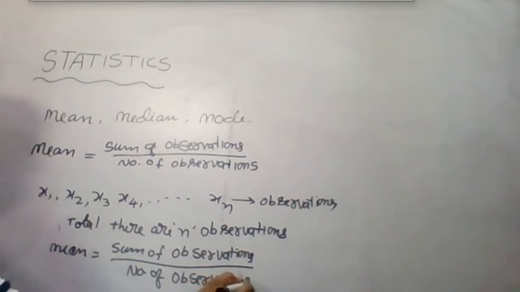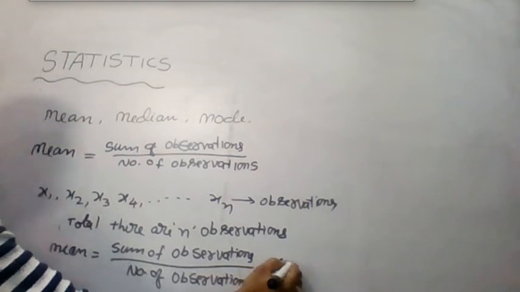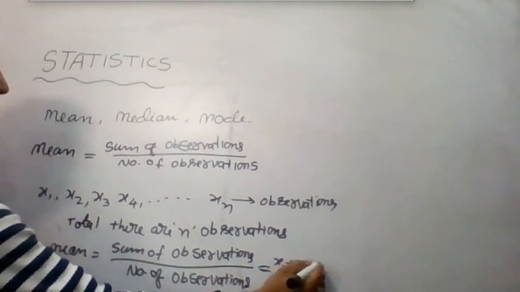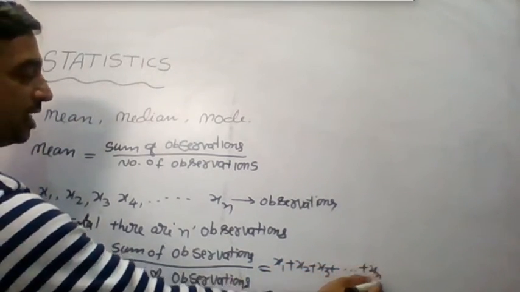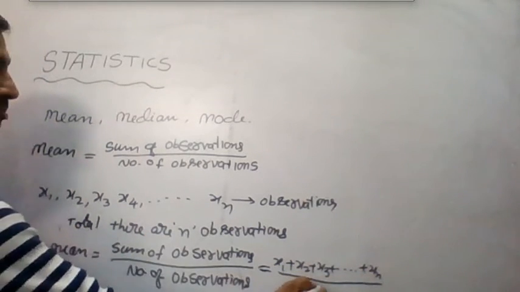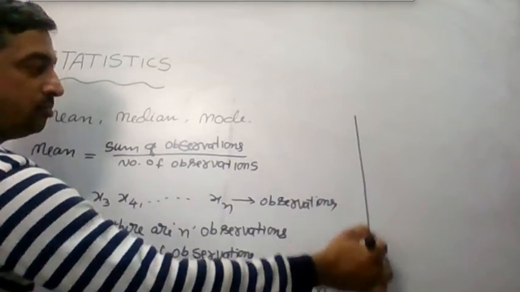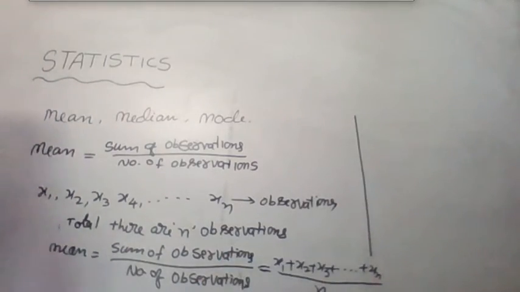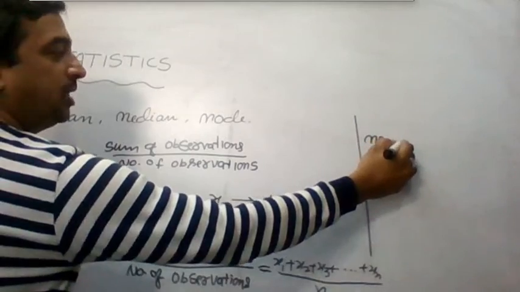Okay. So the sum of observations is nothing but, sum means add all the observations. x1 plus x2 plus x3 plus so on plus xn by number of observations. Total n observations are there. So let us simplify this.